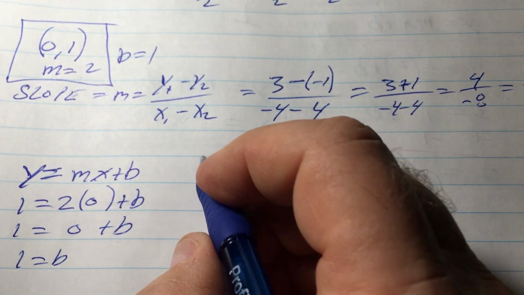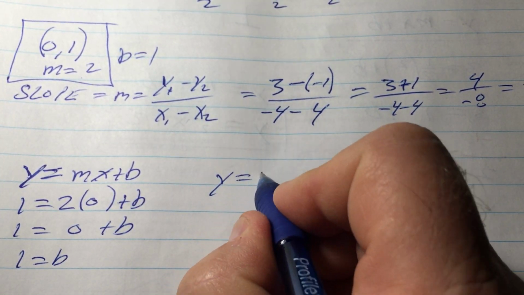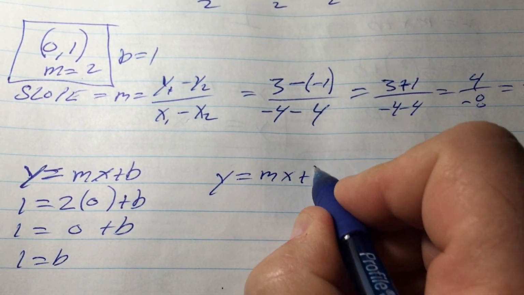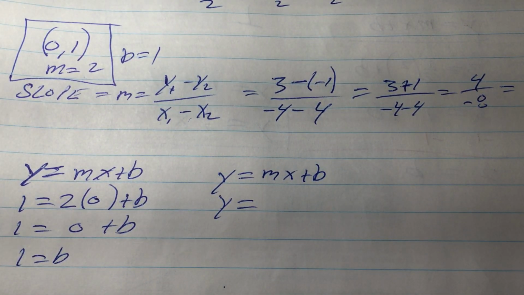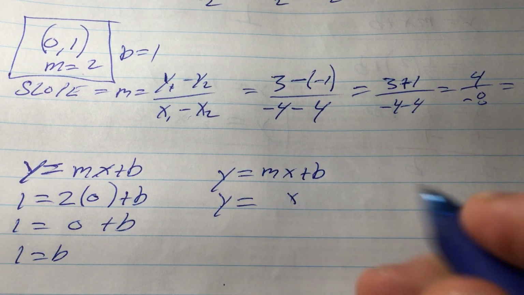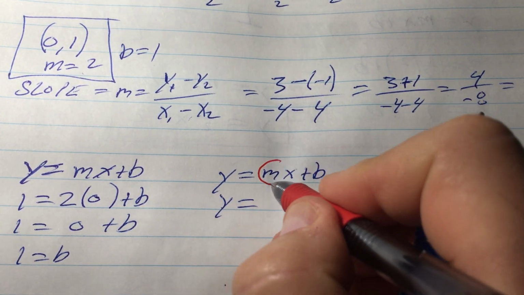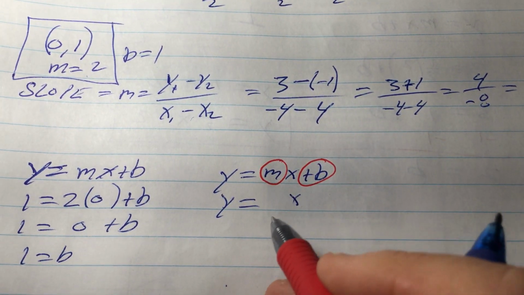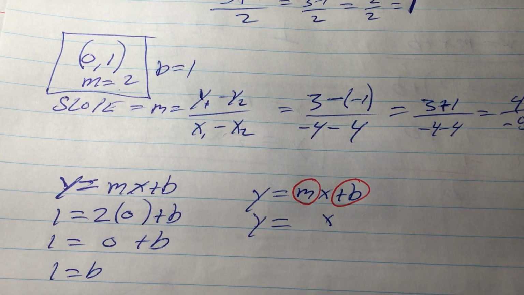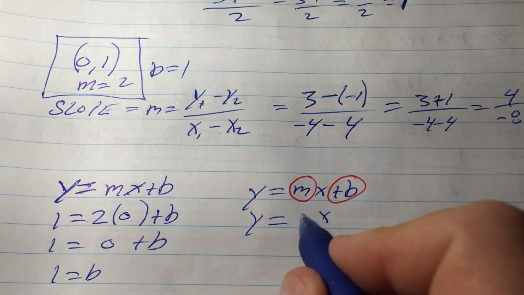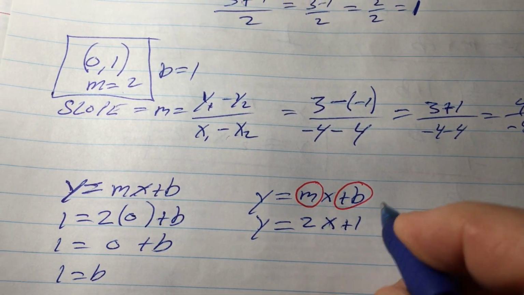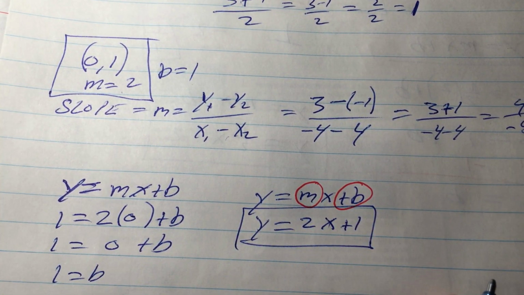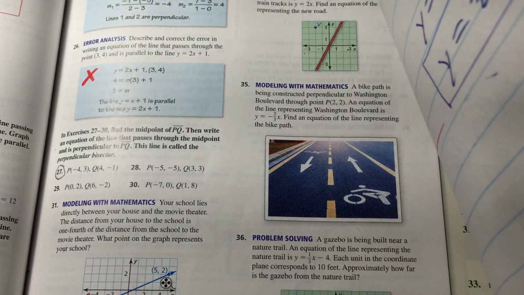Okay, equation y equals mx plus b. What is our m and what's our b? M is 2, so put a 2 there. B is 1. Say positive 1. There is your answer.